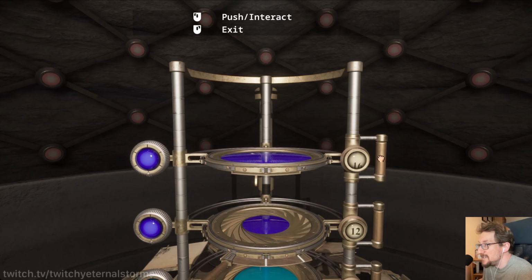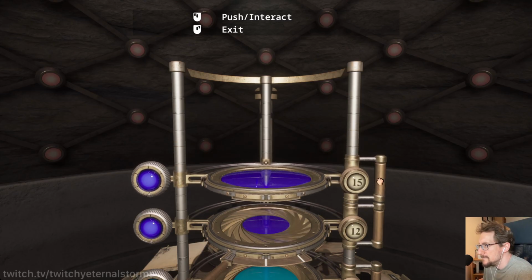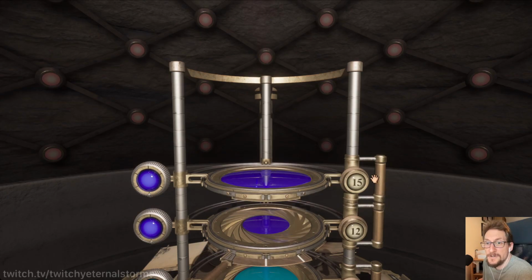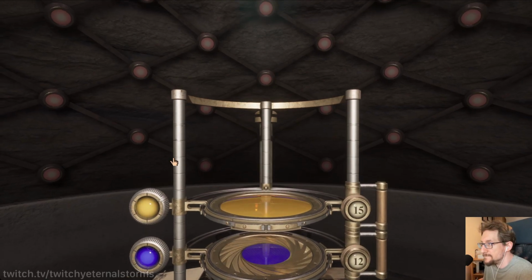That we need to figure out. Interesting, it can only be 15. Okay, that figured itself out, that's good. Yellow, and open.